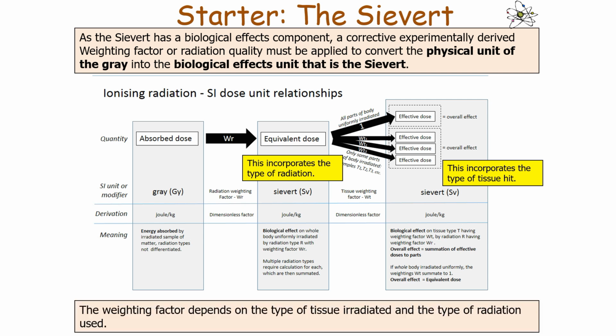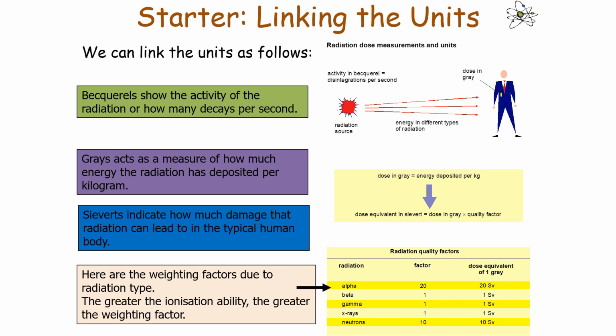So the weighting factor depends on the type of radiation and the type of tissue irradiated. We can link the units as follows. The becquerel shows the activity of radiation, or how many decays there are per second. The Gray acts as a measure of how much energy the radiation has deposited per kilogram, whilst the sievert indicates the damage that radiation can lead to in the typical human body.